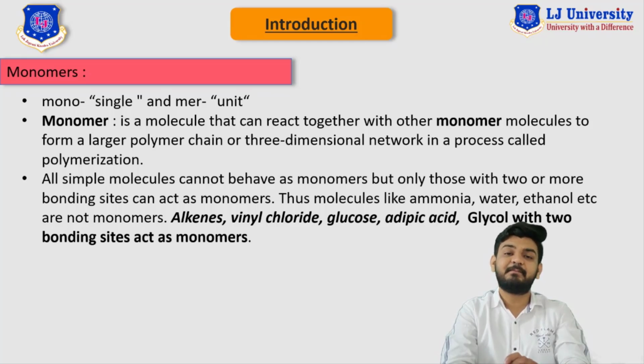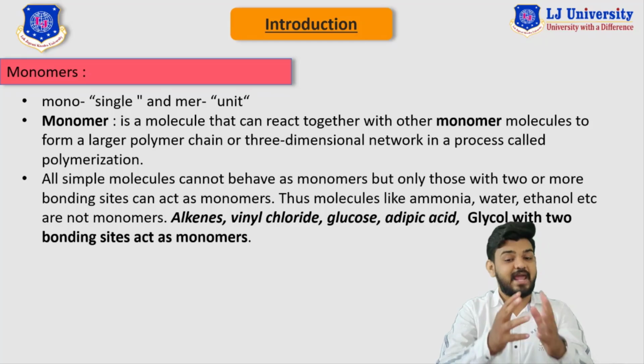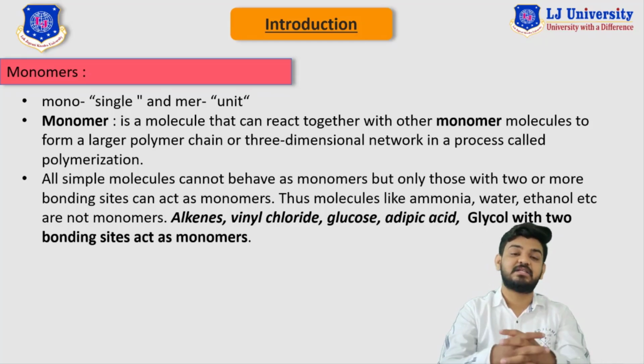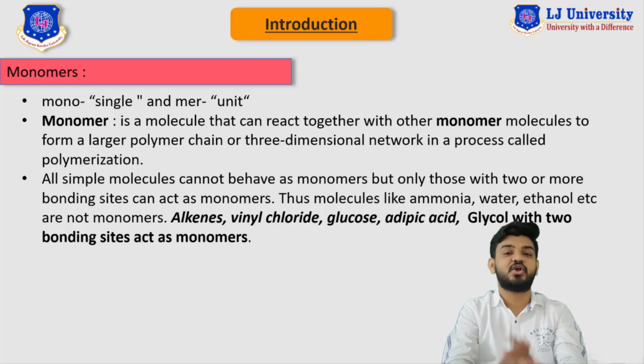This is the main reason why molecules or substances such as ammonia, water, ethanol cannot be considered as the monomer, while substances like alkanes, vinyl chloride, glucose, adipic acid, glycol can be considered as the monomer because they have two or more than two active sites so that they can connect to each other and produce a large chain of the polymers.